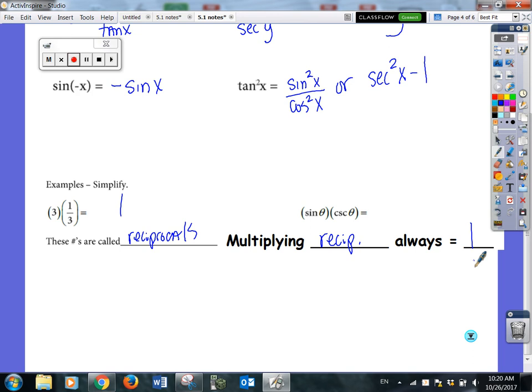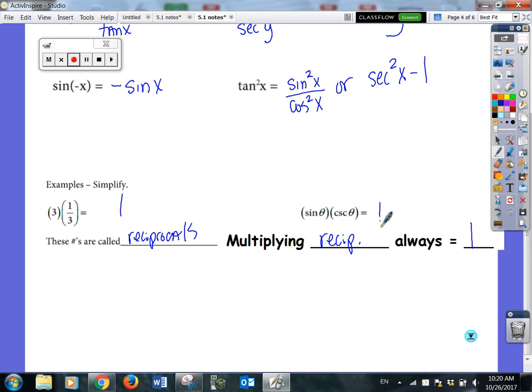That works with trig also. So it works with numbers, which is how you started a long time ago in math. 3 times 1/3, 2/3 times 3/2. Then you went to variables. You had x's. X times 1 over x is 1. And now we have words. Sine and cosecant are reciprocals. So sine times cosecant is also equal to 1.